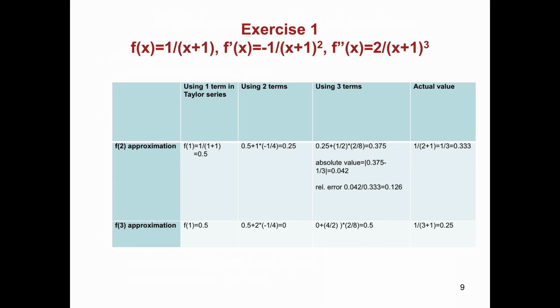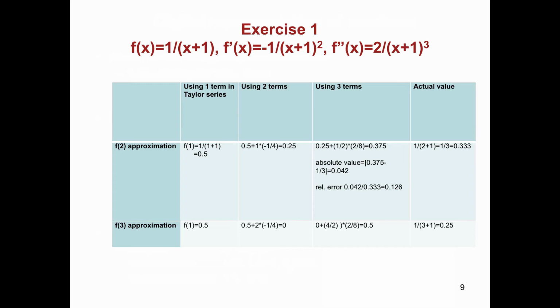Yes? Under 3 terms for F2, why don't you subtract 1/3 from 0.375 to find the absolute value? So here, this is my approximation minus the true value. Okay. So the absolute value of the error is the absolute value of the difference between approximation and the true value. So typically in errors, we just look at the absolute value.